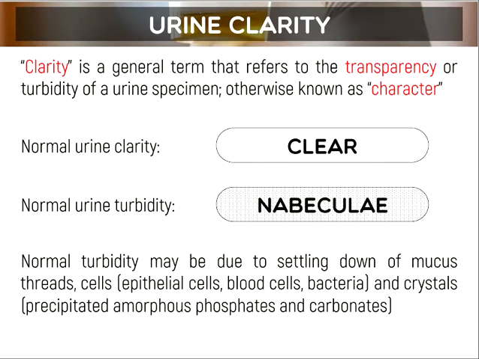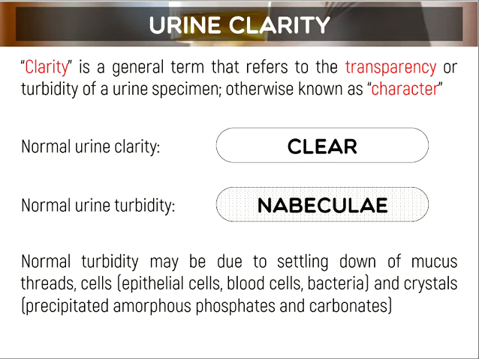So, we'll proceed with the next parameter, urine clarity. Urine clarity is a general term that refers to the transparency or turbidity of a urine specimen, otherwise known as its character. Normally, freshly voided urine is clear or transparent.